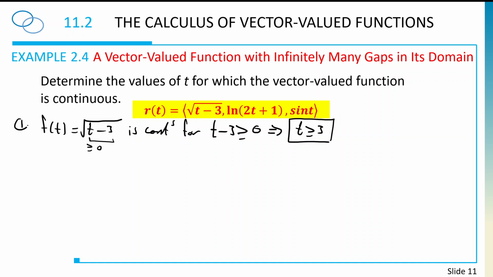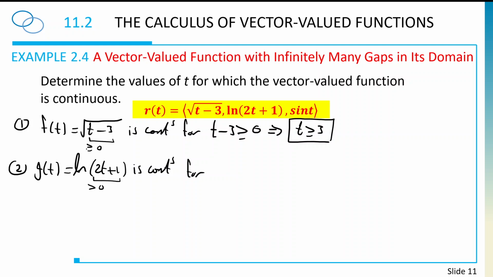Let's try the second one. Now g of t equals ln of 2t plus 1. We already discussed the ln in the previous example. So this is continuous for, you see, whatever is inside the ln should be strictly greater than 0.